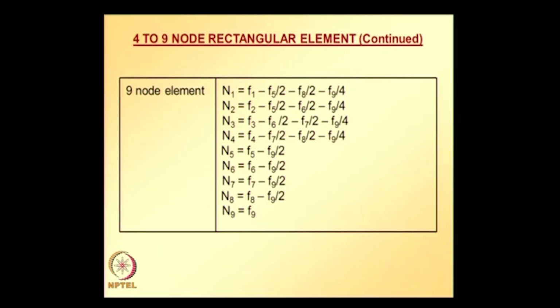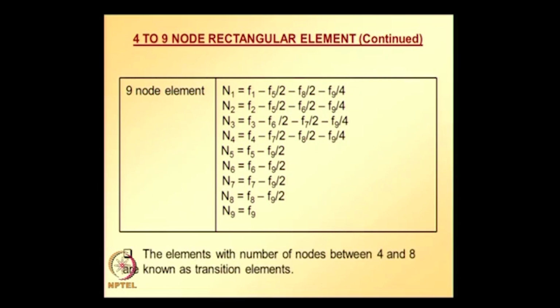And elements with number of nodes between 4 and 8 are known as transition elements. And let us see where these transition elements are useful.